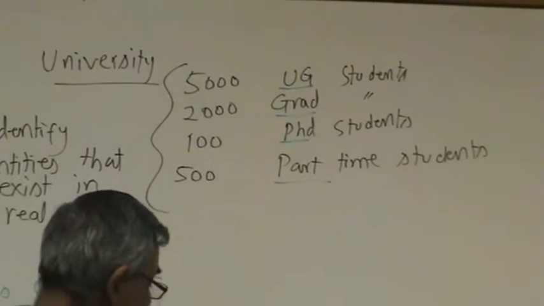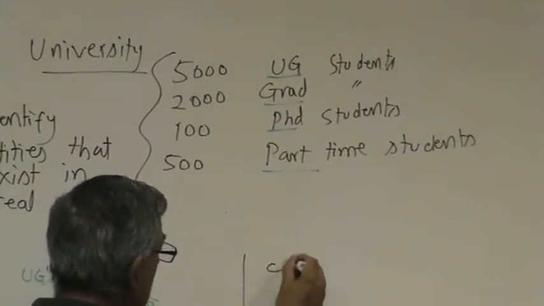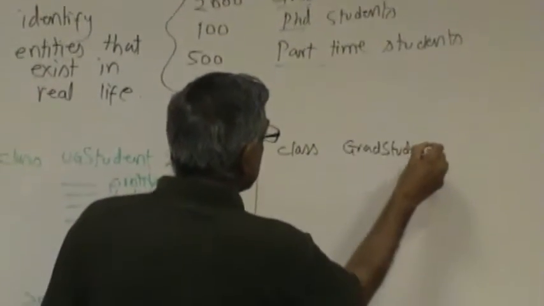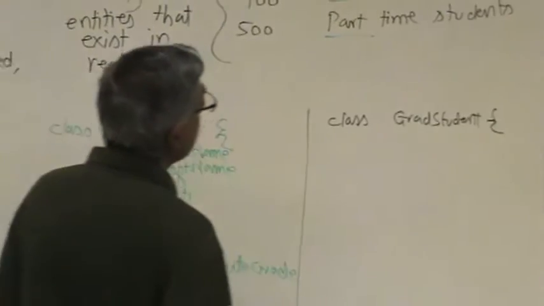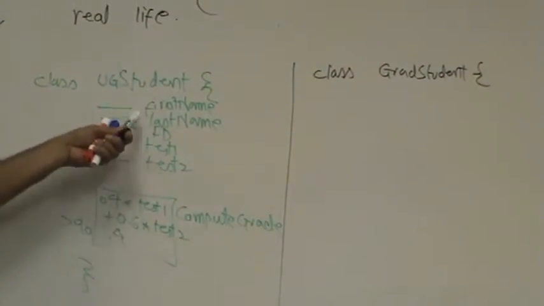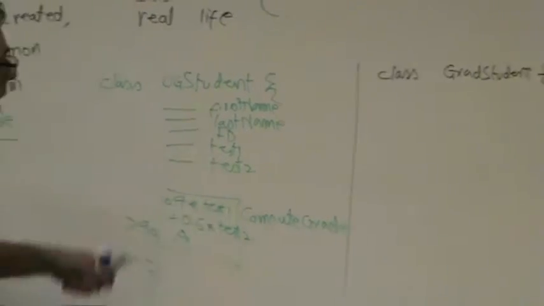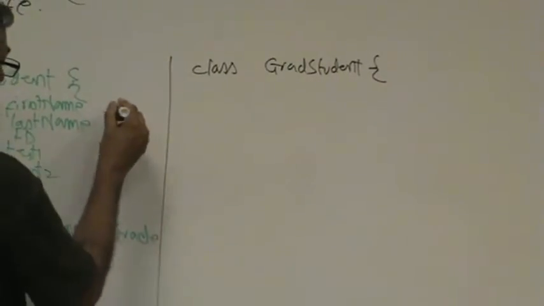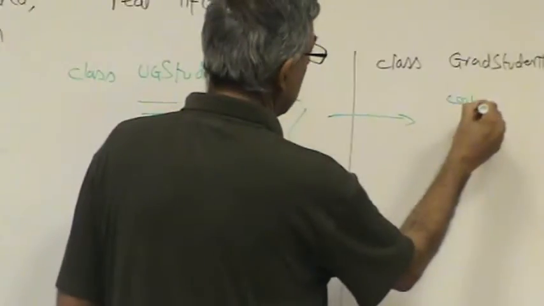So let's start writing the code for grad student. As we discussed last time, will a grad student have first name? Yes. Last name, ID, test 1, right? So the first 5 fields will be the same. One option is we just copy it over here.